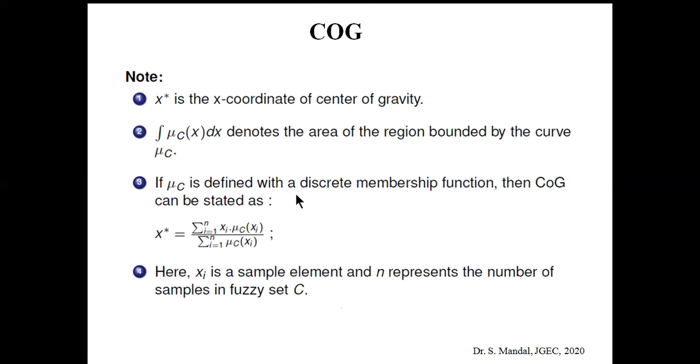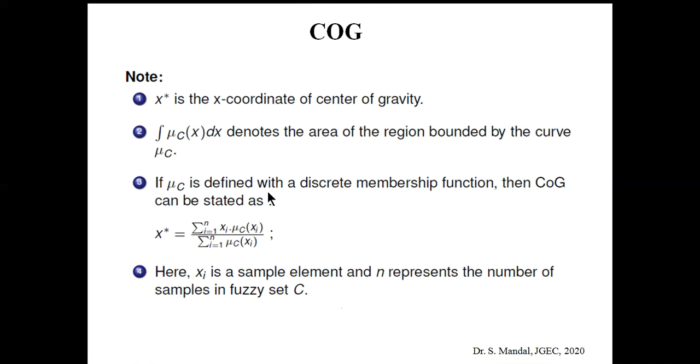Consider another case where mu c is not continuous but is expressed in terms of discrete values. In that scenario, COG can be expressed in terms of summation, since integration is basically summation. So for the discrete case of the membership function, x star will be the summation from i equal to 1 to n of xi into mu c(xi), divided by the summation from i equal to 1 to n of mu c(xi).